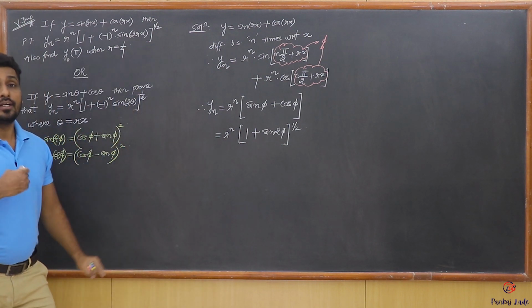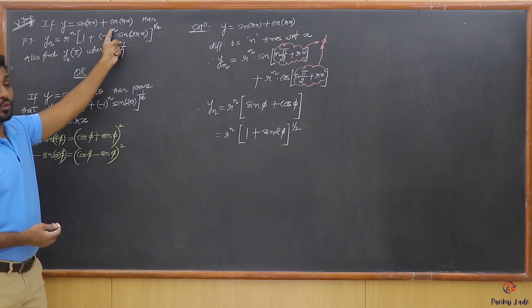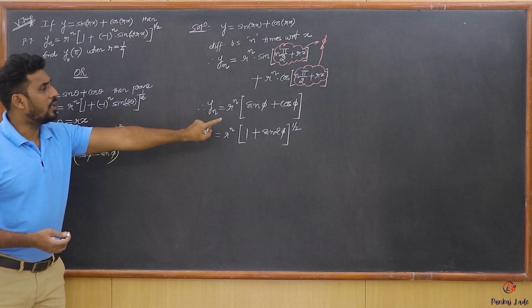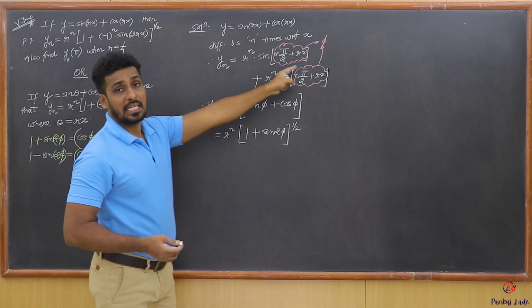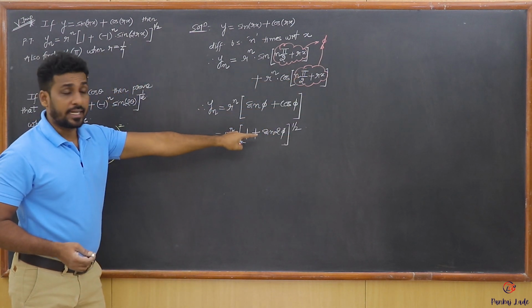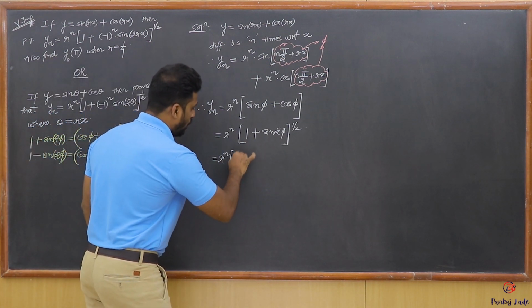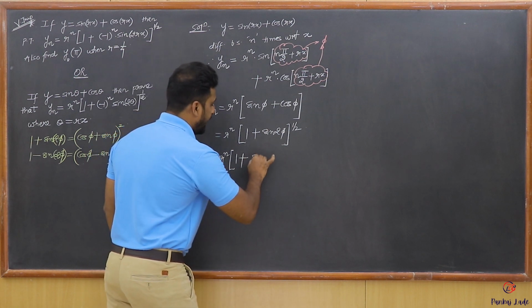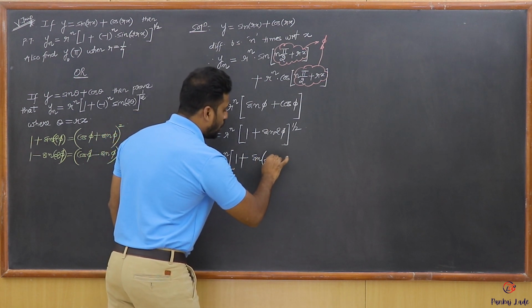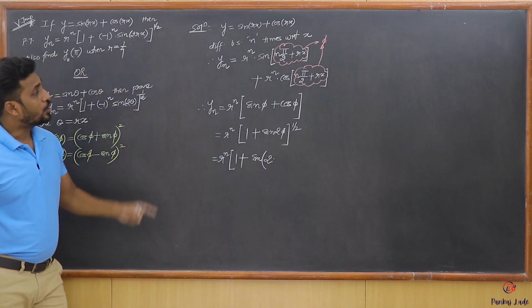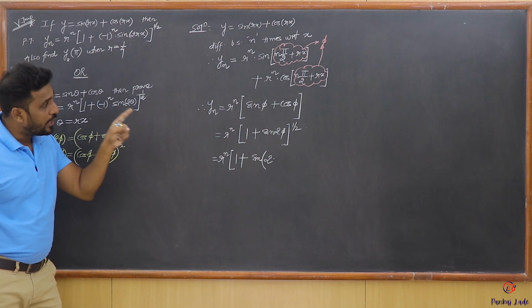Now the next step, I need to get this minus 1 raised to n, and I know that the angle phi is n pi by 2 plus rx. So now let's replace that phi back over there. So I'm going to write here r raised to n, 1 plus, I write sine of 2 times phi. So I know that phi is n pi by 2 plus rx.